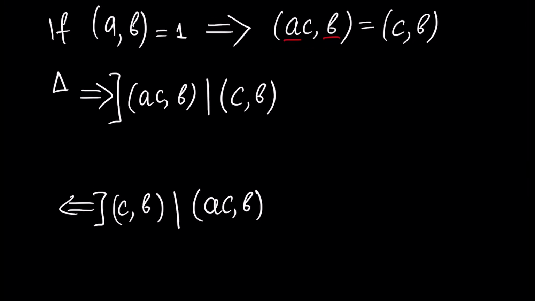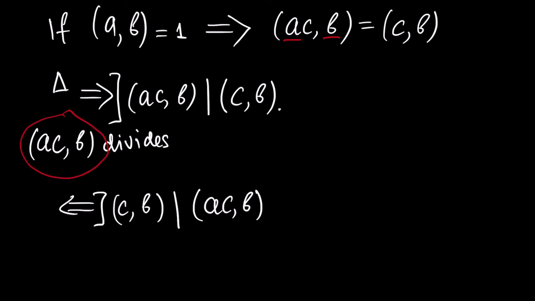Okay, let's begin. First of all, the greatest common divisor of AC and B, by definition, divides AC and divides B. And since it divides B, it also divides BC.